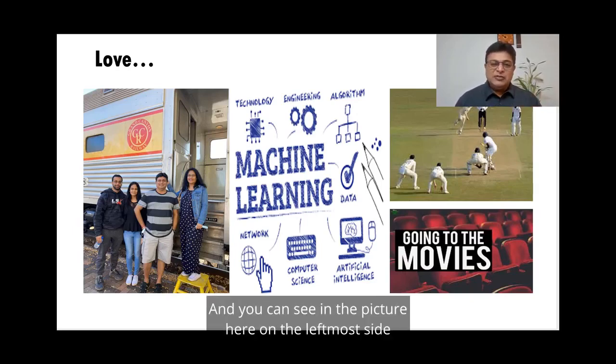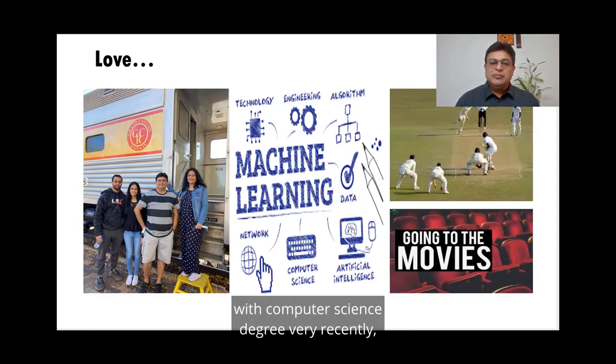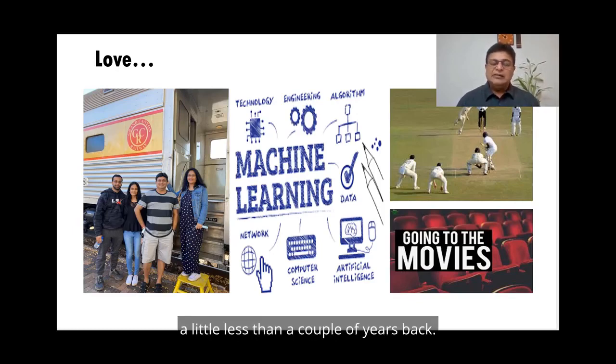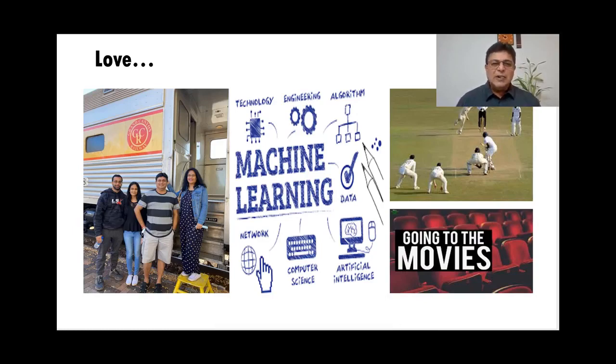And you can see in the picture here on the leftmost side is my son, who also graduated with a computer science degree very recently, a little less than a couple of years back, and he's working for a firm that builds hardware and software solutions, government solutions.